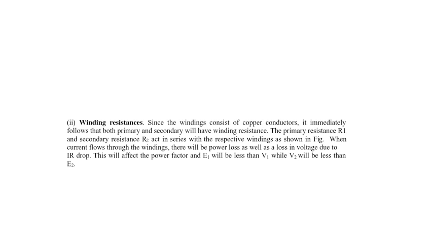When current flows through the windings, there will be power loss due to I squared R. This will affect the power factor, and E1 will be less than V1, while V2 will be less than E2. That is why we observe winding resistance.